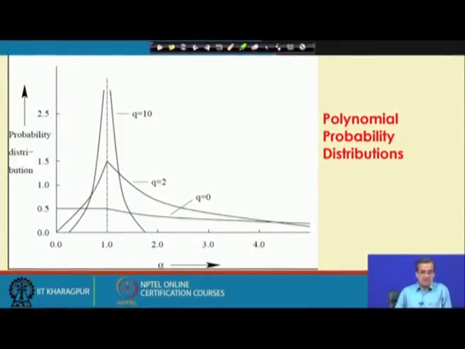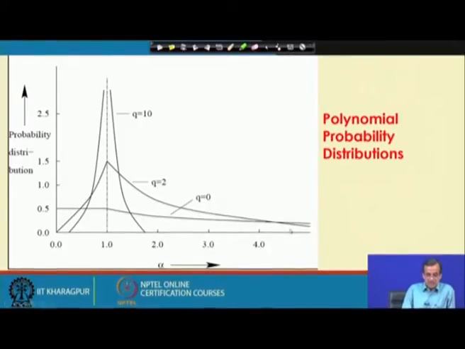This figure shows the distribution of this polynomial probability distribution function, and along the y axis we put the probability distribution factor, and along x we have alpha, and depending on the value of this alpha.